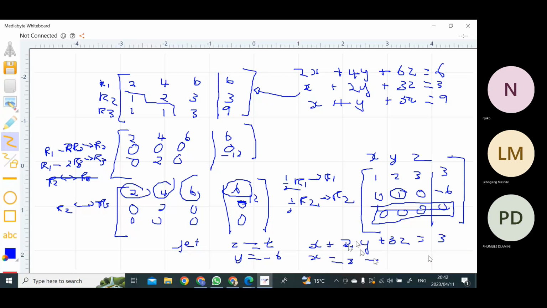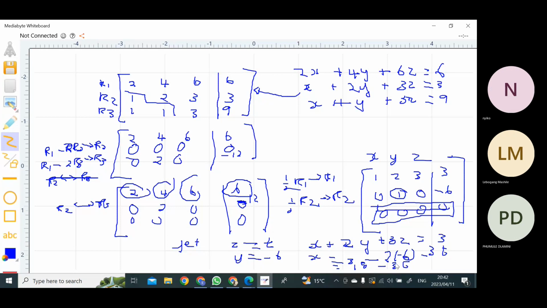When you say minus, remember your y is what? It is minus 6. You substitute 6 there. Plus minus 3, your z is t. Then the answer for this one is 3 plus 12, which is 15, minus 3t.